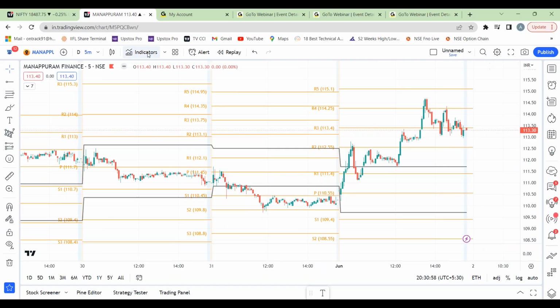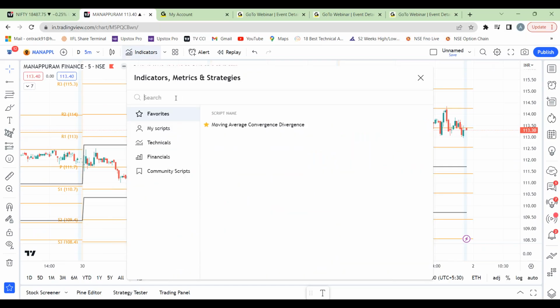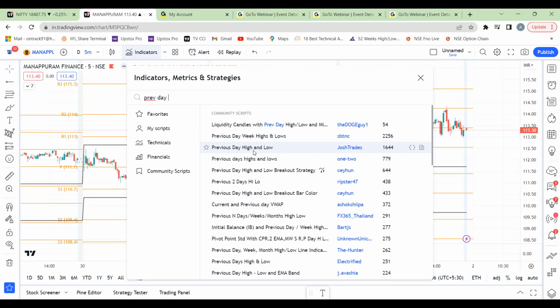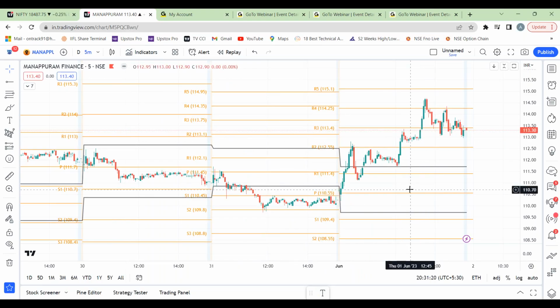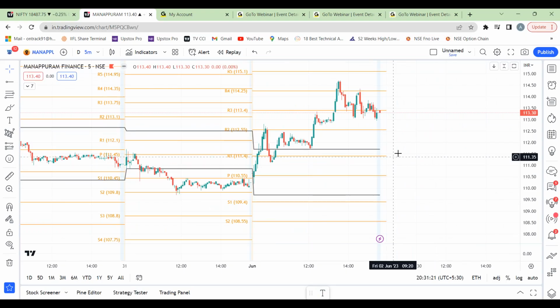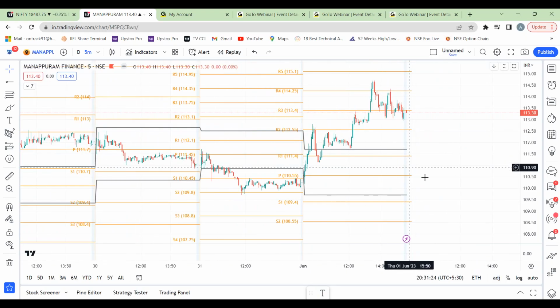In indicators, you type previous day, you get these options, and you see third in the list, you have previous day high and low, username by Joe's Traders. You can click on this. You will get previous day high and low levels on your chart.